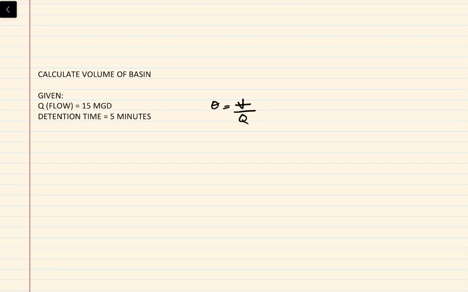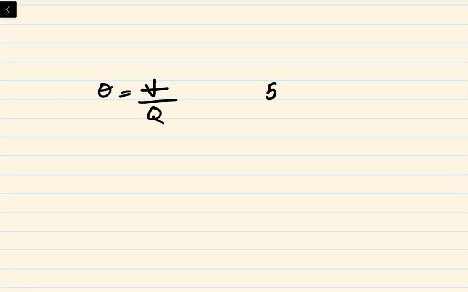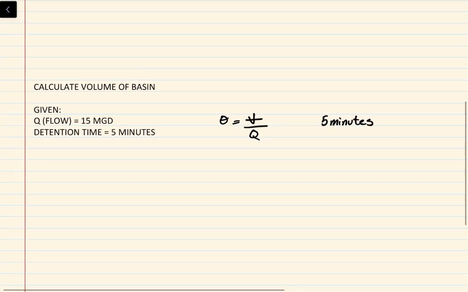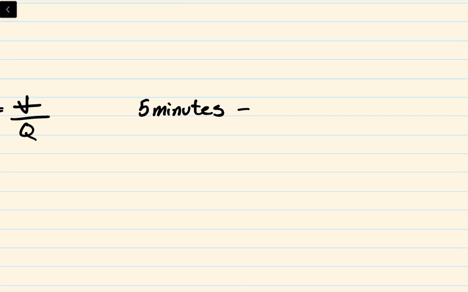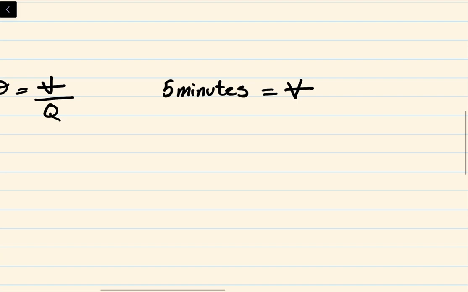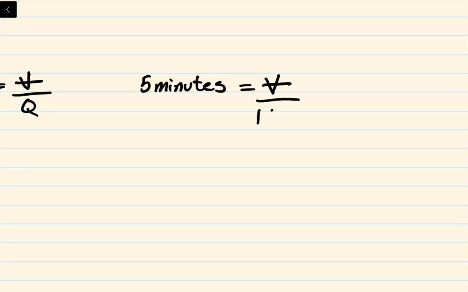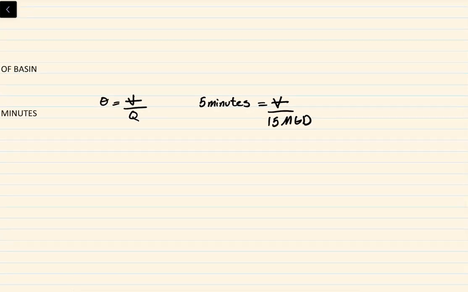Okay. So this is classic units, making sure your units is right, and you'll see just in a second why. So we're given 5 minutes as the detention time. We don't know our volume. We're solving for a volume. And we know our Q, but if we was to put that in 15 MGD, these units do not cancel out.